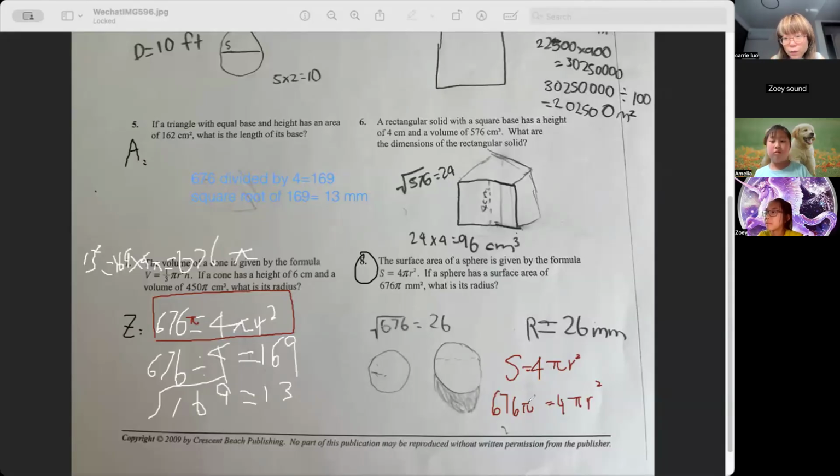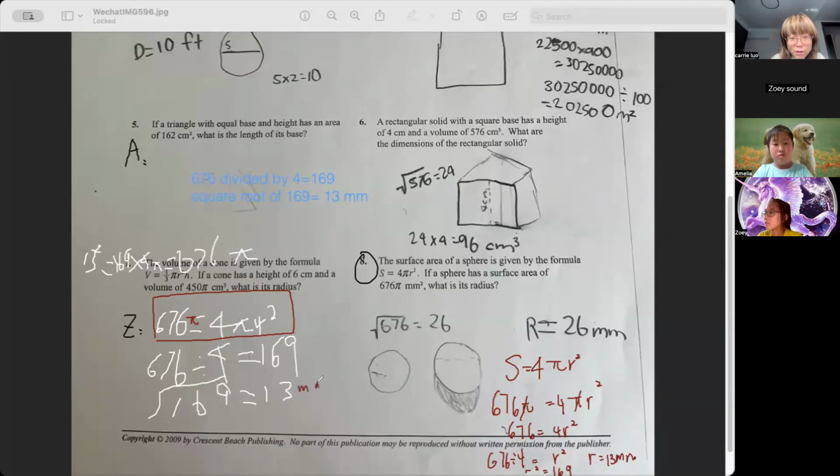Amelia? Okay, so the next one should be 676 equals 4r squared, because we divided by pi on the left side and right side. And next, r squared equals 676 divided by 4. So that's why r squared equals 169. So r equals 13 millimeter.